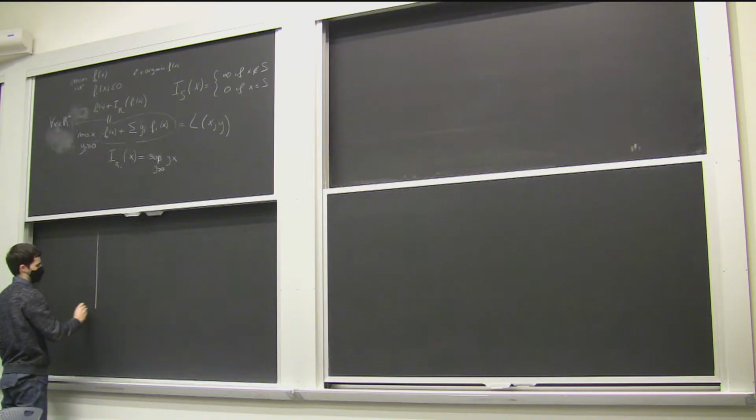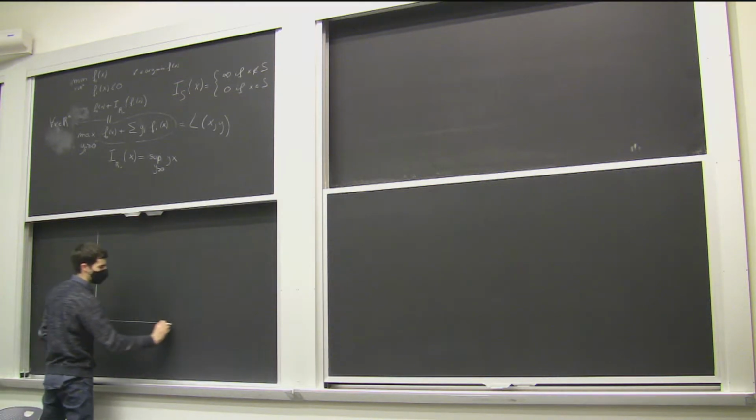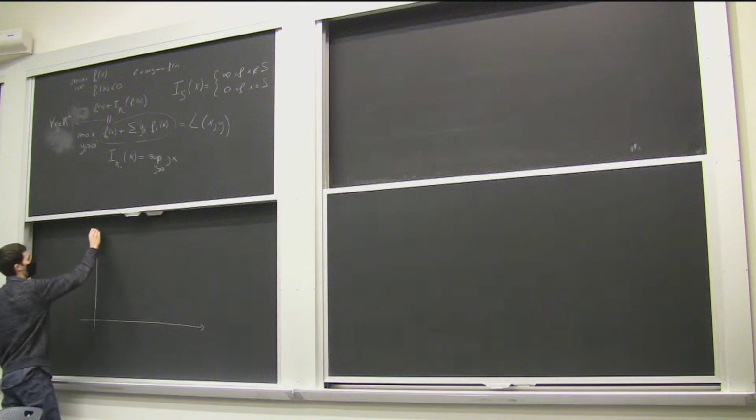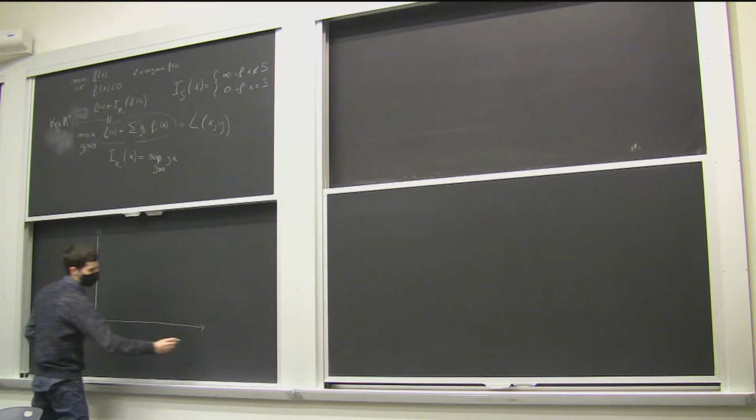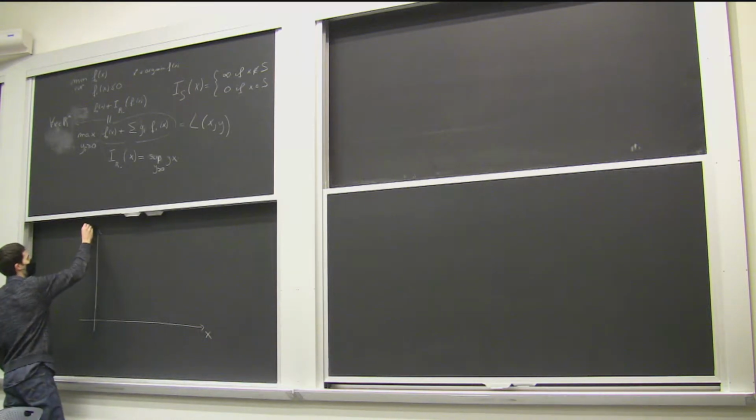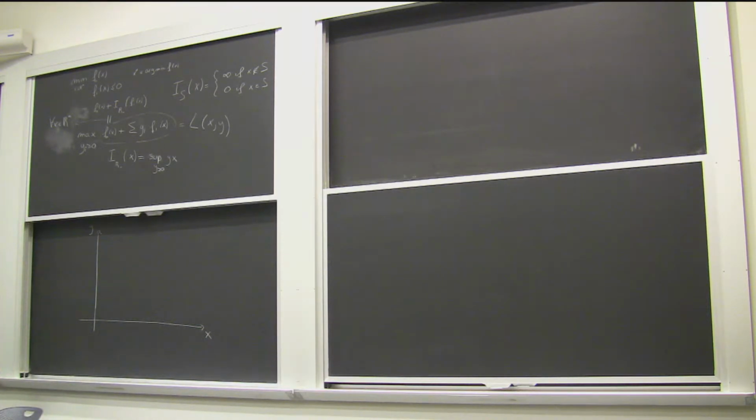And it's good to have this geometrical view. So let's assume that X and Y are just scalars to make it easy to see in 2D. And so this will be the set of actions X. This will be the set of actions Y. And for each X, there will be the optimal action of player 2.